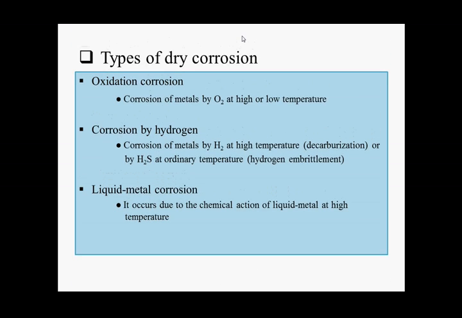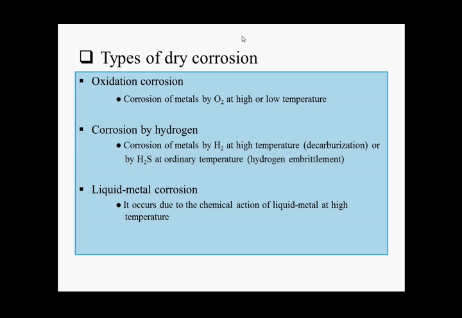Types of dry corrosion. Based on the atmospheric gases involved in the corrosion, dry corrosion can be classified into many types. If the corrosion of the metals takes place by oxygen at high or low temperature, it is called oxidation corrosion.